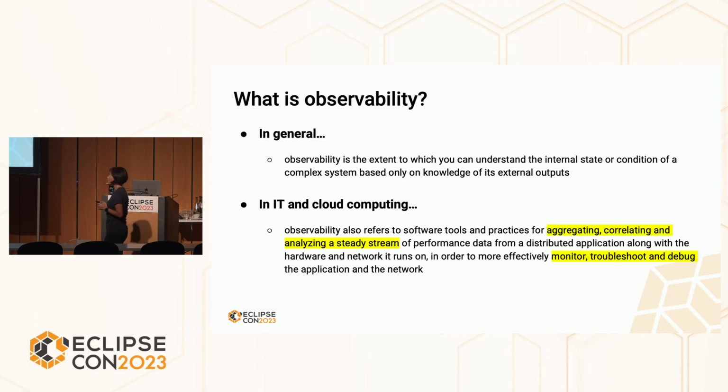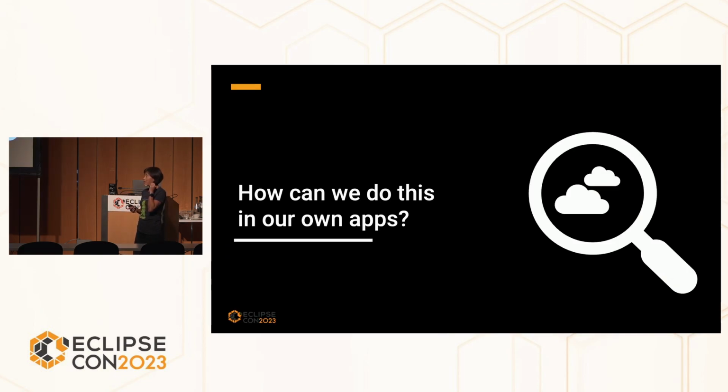In IT and cloud computing, it refers to software tools and practices for aggregating, correlating, and analyzing a steady stream of performance data to help you with monitoring, troubleshooting, and debugging. So this is what observability is about.